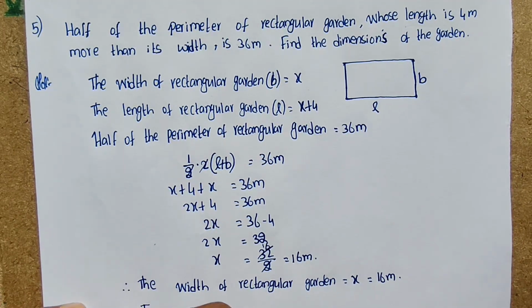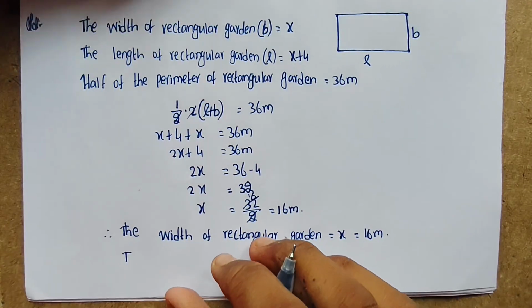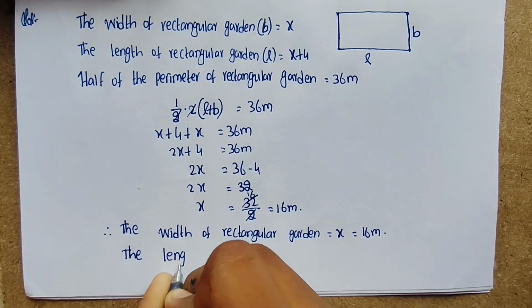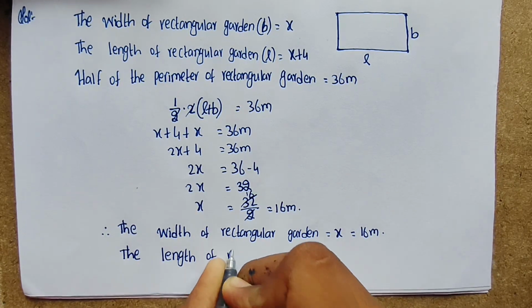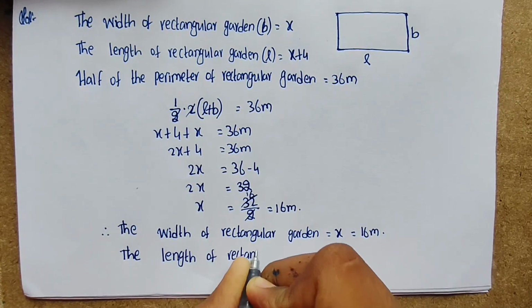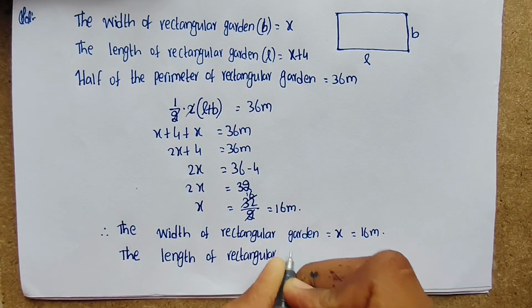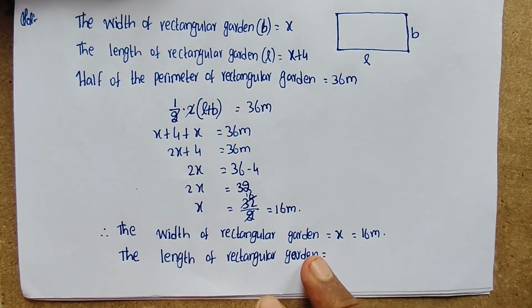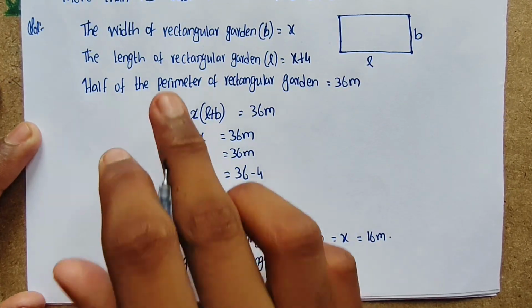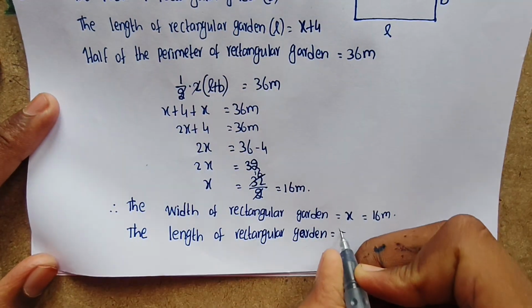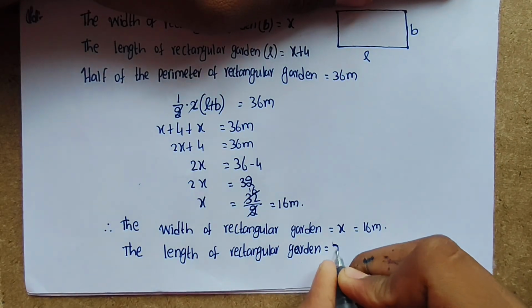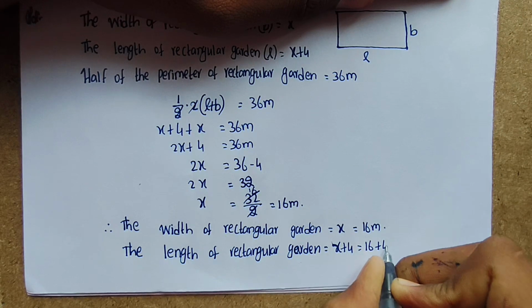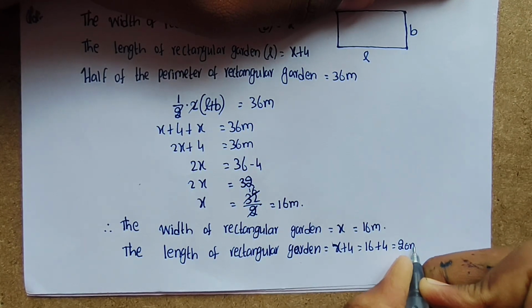After that, the length of the rectangular garden, which we took as X plus 4, equals 16 plus 4, which is 20 meters.